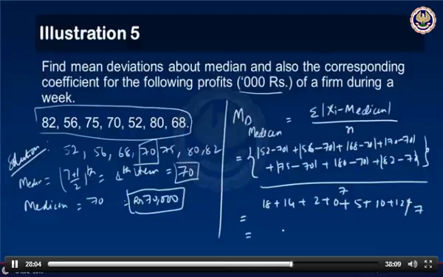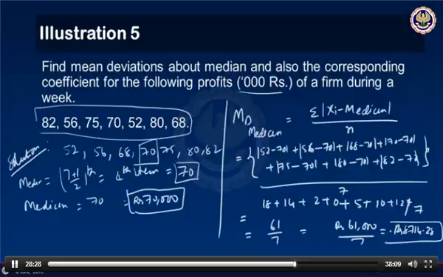If you sum up all these observations, it is equal to 61, and 61 by 7. These are all in thousands, so rupees 61,000 by 7, which is equal to rupees 8714.28. This is the mean deviation from median for this data.